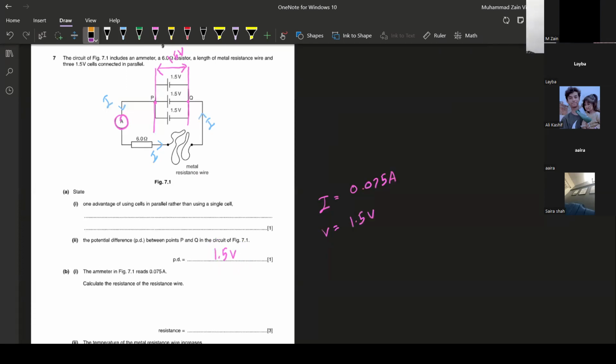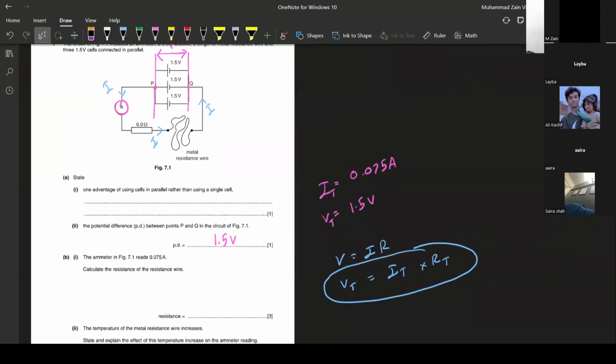Now if I apply the formula V equals IR, the total potential difference across the circuit would be equal to the total current across the circuit times the total resistance of the circuit. I could use this to find the total resistance of my circuit, because I need it in order to find the resistance of the wire.